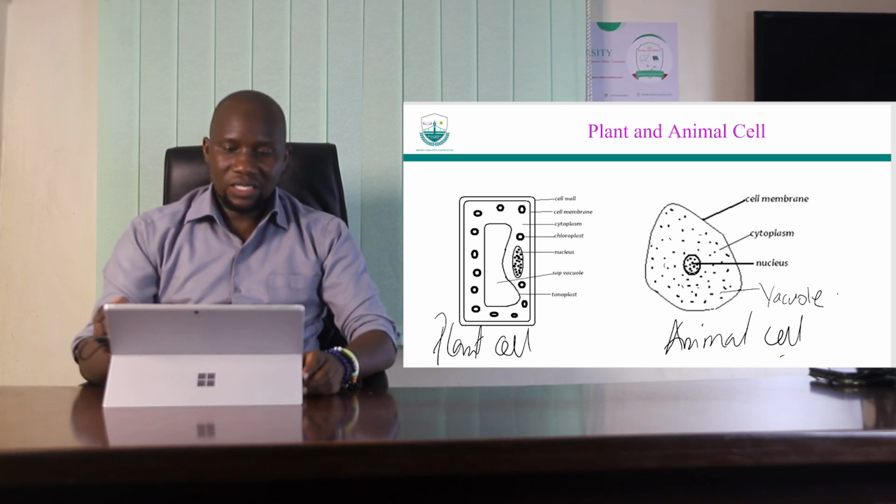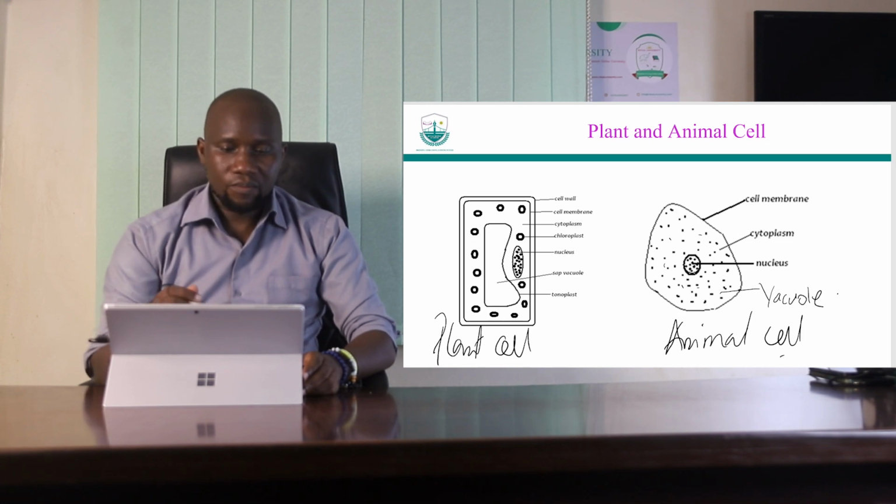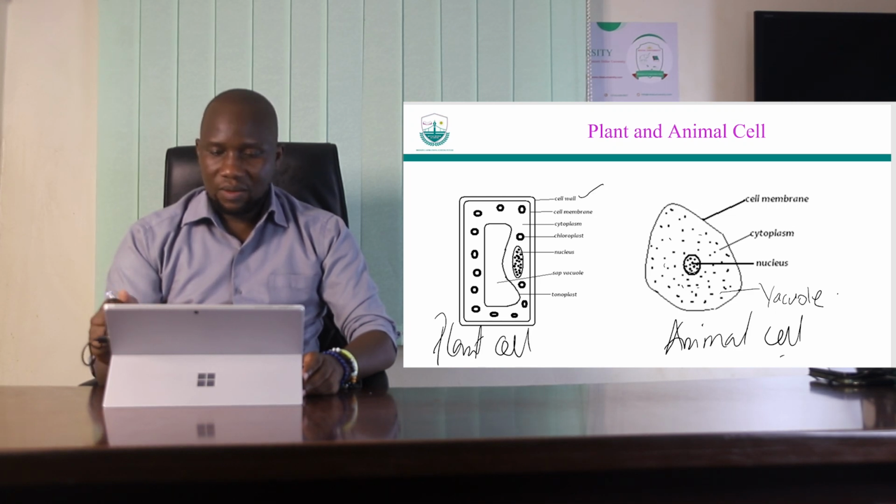And then when you come to this side, the cell wall, the animal cell does not have. The cell membrane, the animal cell has. Cytoplasm, the animal cell has. Chloroplast, the animal cell does not have, yet the plant cell has. So this is another difference.